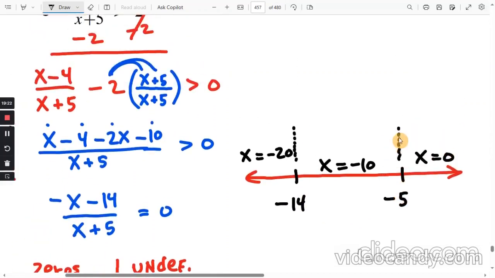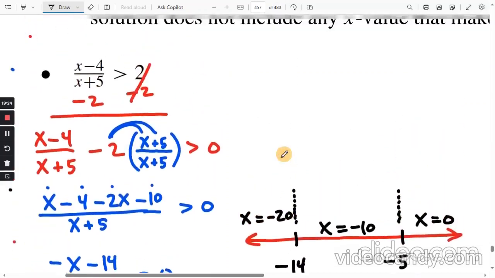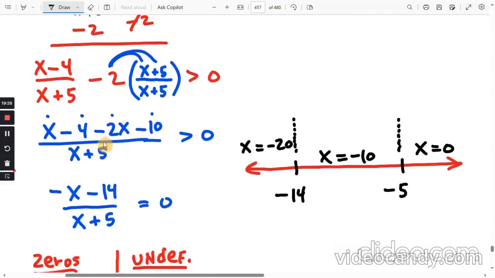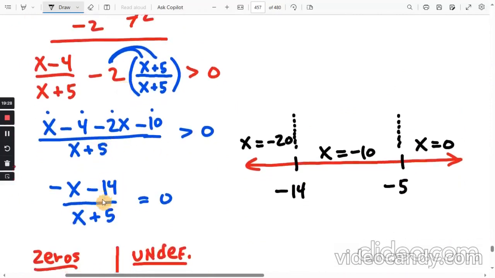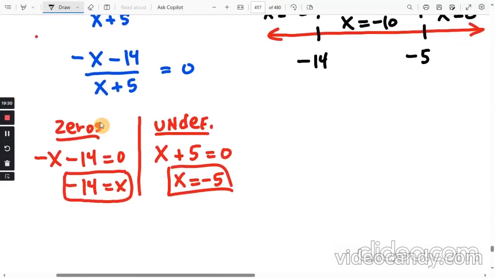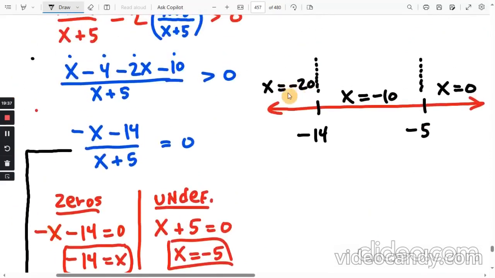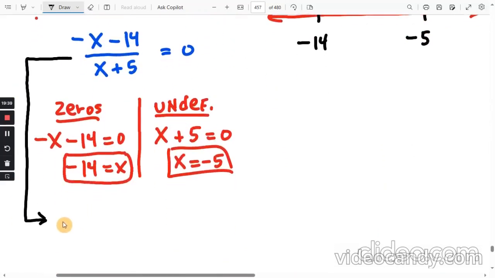All right, so let's see. This is the simplest one to plug in, in my opinion. Let's start with x equals negative 20.